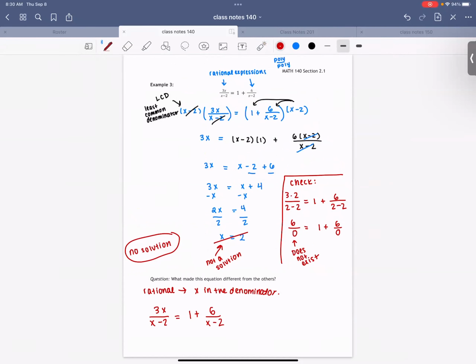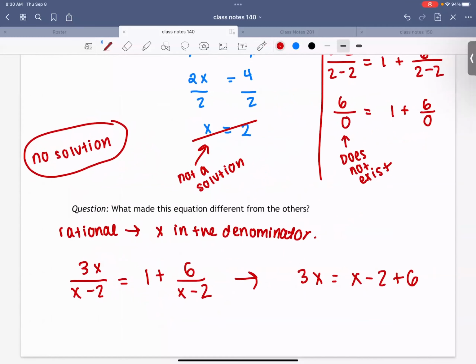So 3x equals x minus 2 plus 6, right? So that kind of turned into this equation. One thing that we'll talk about a little bit later is these 2 equations, even though they look the same, we did work to get from one side to the other. These 2 are not the same equation.